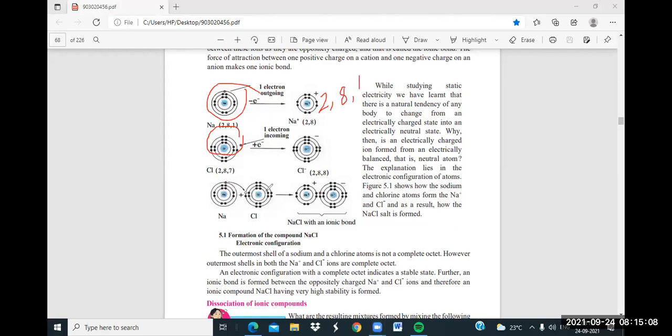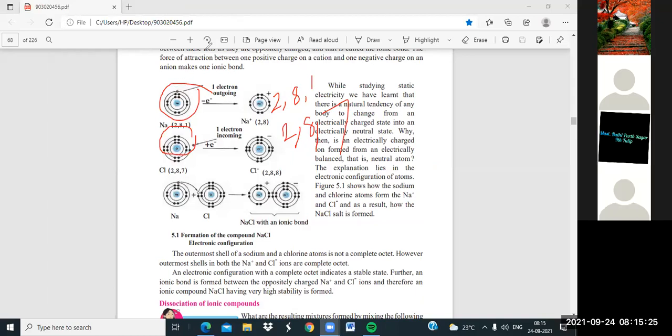And about chlorine, we know its atomic number is 17, that is 2, 8, 7. So what happened here? In 2, 8, 1, the duplet is completed, then the octet is completed, and in the last shell only one electron is remaining. That is, one valence electron is present in it.